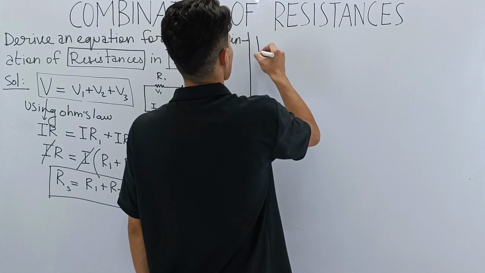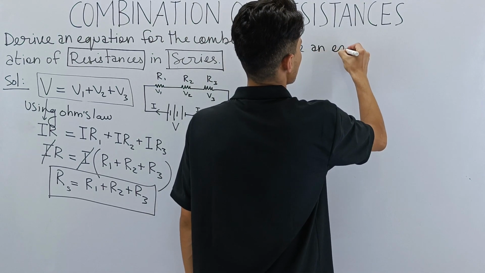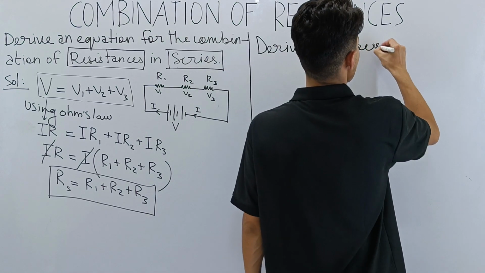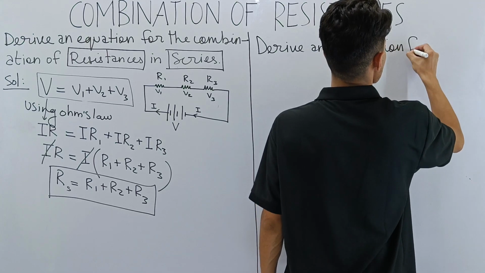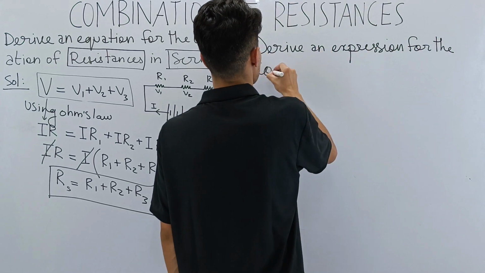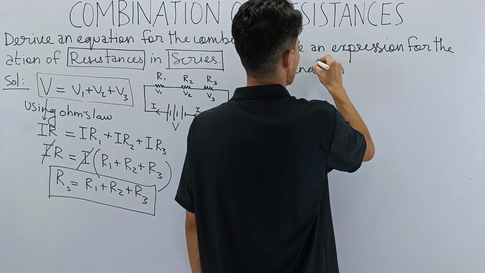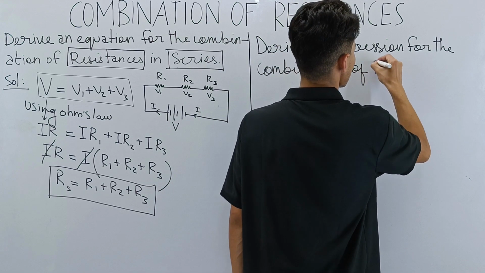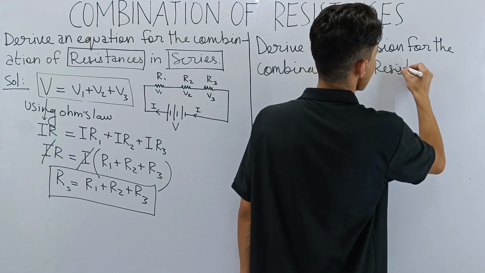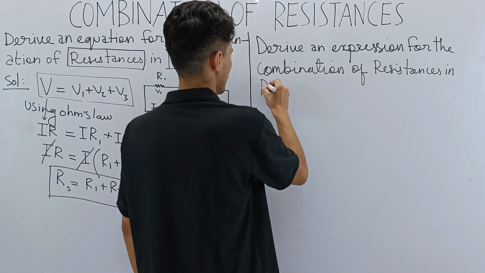So the question will be: derive an expression for the combination of resistances in parallel.